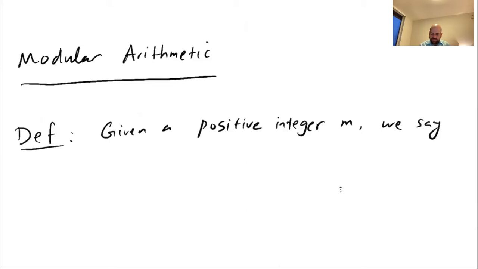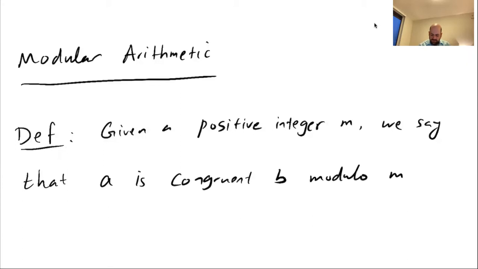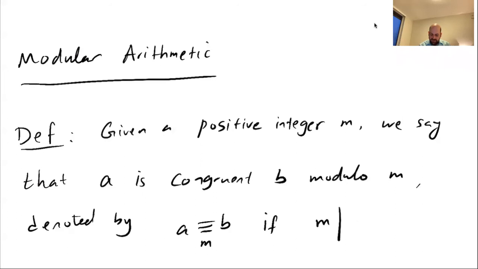Given a positive integer m, we say that a is congruent to b modulo m, denoted by a is congruent b modulo m, if m divides a minus b. Okay, so this is a definition of congruence.